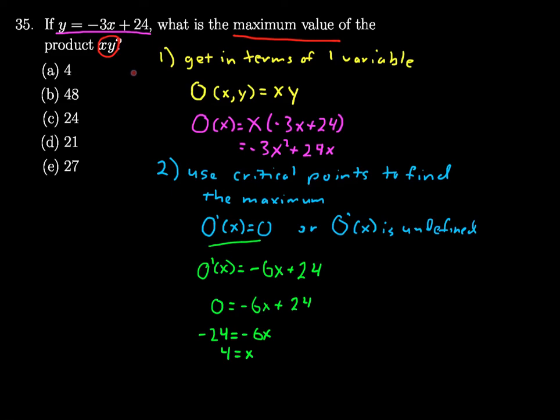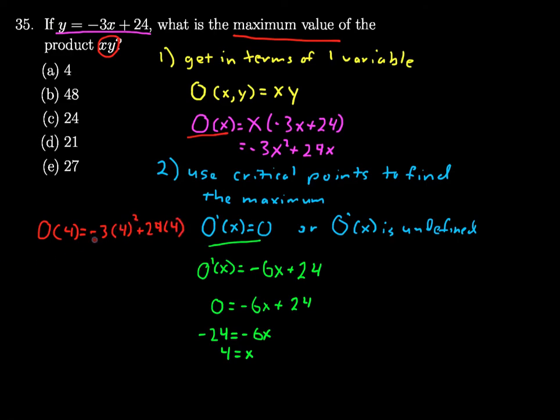That's quite easy because I have this objective function and I have x equals 4, so let's evaluate the objective function of 4. It will be negative 3 times 4 squared plus 24 times 4.